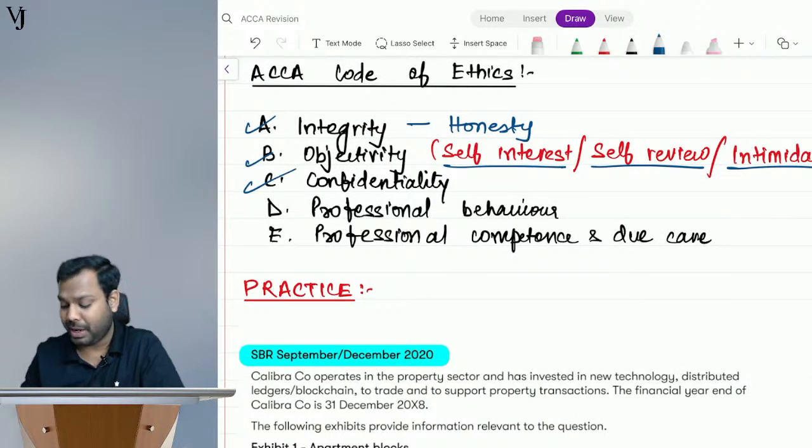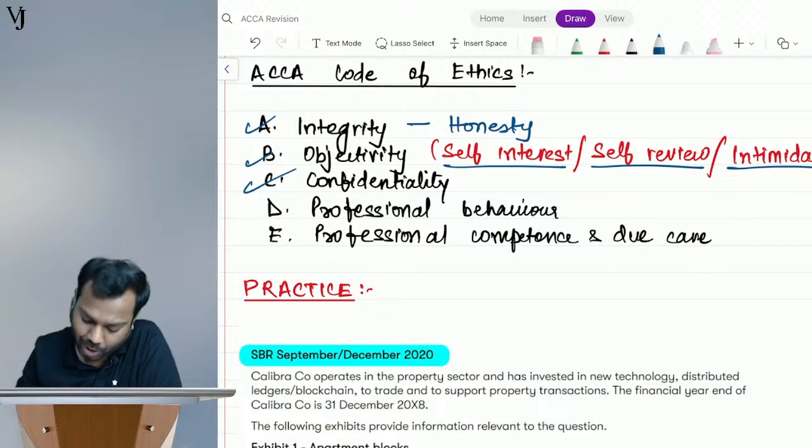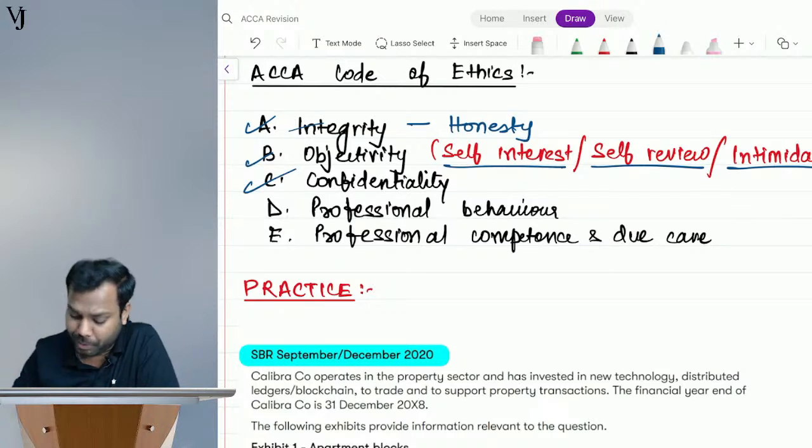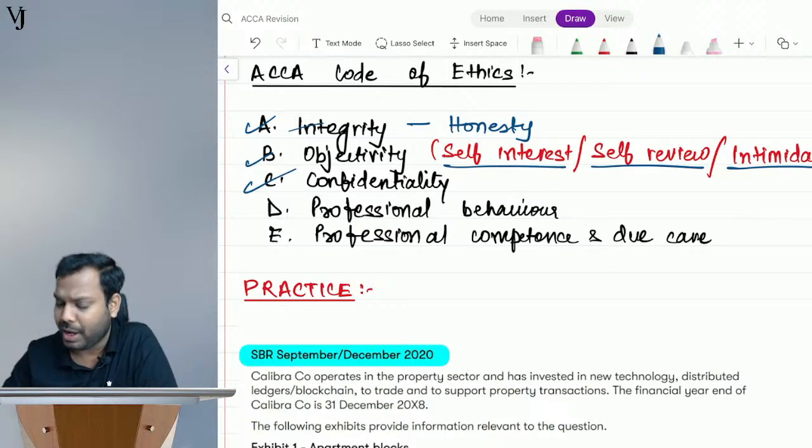Professional behavior means that when you apply all the remaining 4, you are behaving professionally. If you don't apply any of these, honesty, integrity, objectivity, confidentiality and professional competence and due care, you are not applying professional behavior.